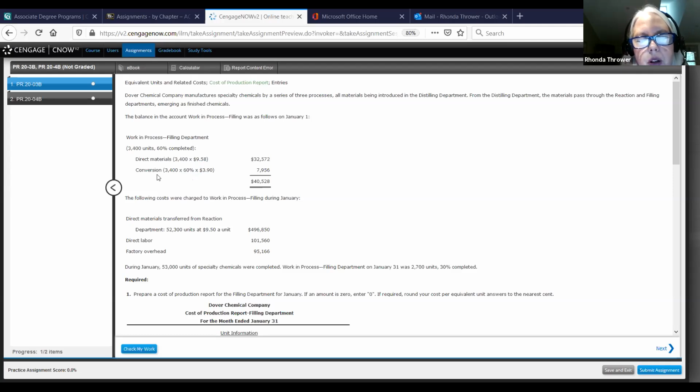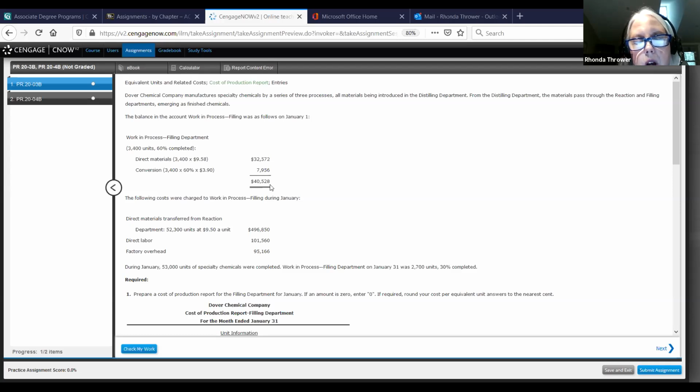What you have to remember, class, is that the manufacturing costs are going to be materials, labor, and overhead. Conversion costs are your labor and your overhead combined together. So last period, our ending inventory had a total cost of $40,528.